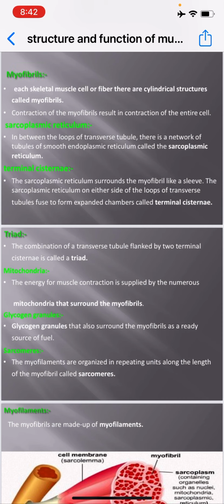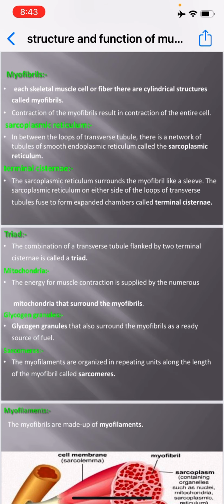Myofibrils. Each skeletal muscle cell or fiber contains cylindrical structures called myofibrils. Contraction of the myofibrils results in contraction of the entire cell. Sarcoplasmic reticulum. In between the loops of transverse tubules, there is a network of tubules of smooth endoplasmic reticulum called the sarcoplasmic reticulum. Terminal cisternae.